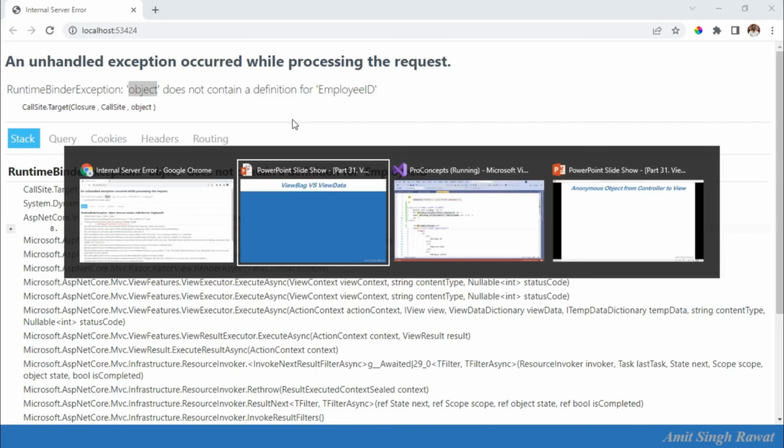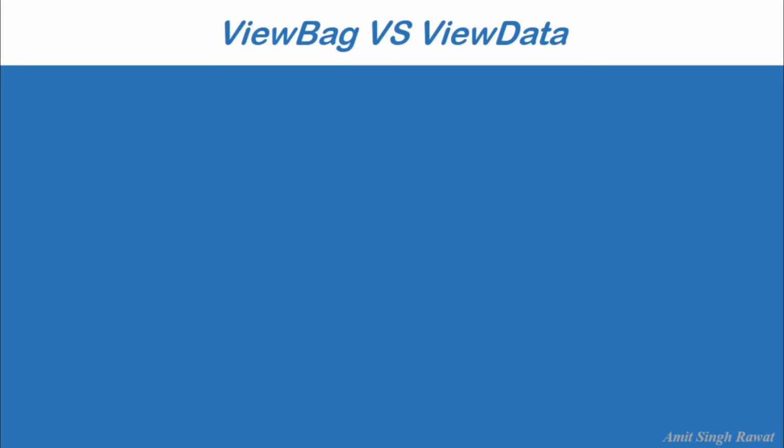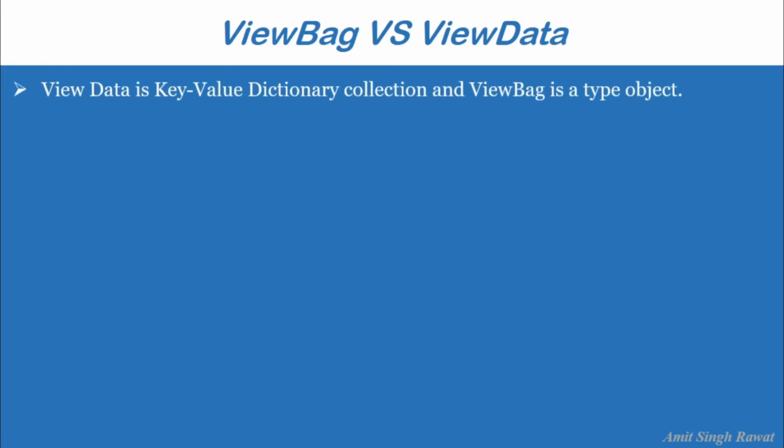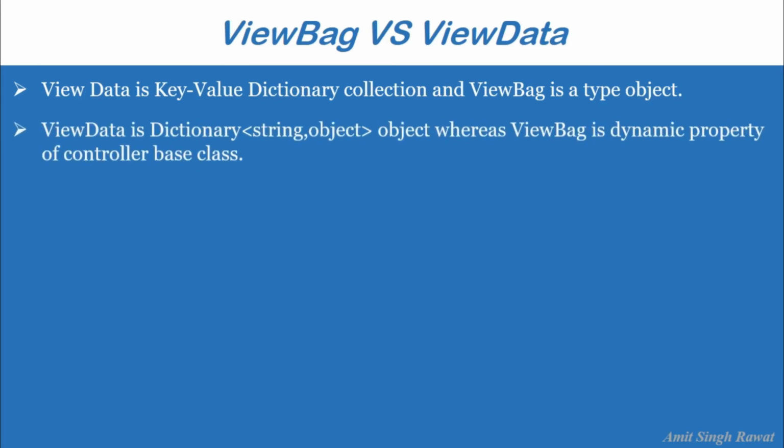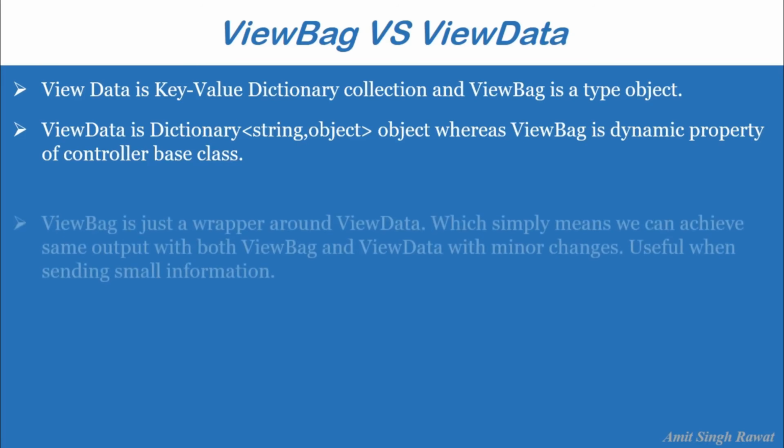Let's just quickly recap the differences between ViewData and ViewBag. So the first difference is, ViewData is a key value dictionary collection and ViewBag is a type object. ViewData is of type dictionary of string, object, whereas ViewBag is a dynamic property of the controller base class.